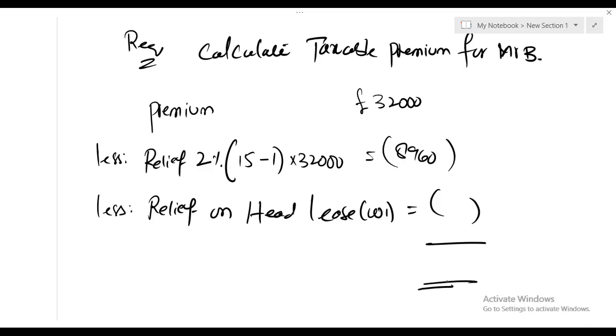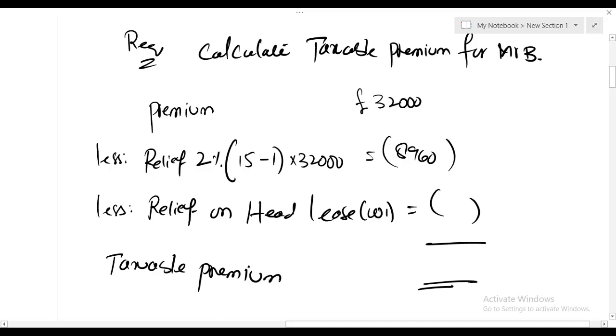The reason is that Mr. B has paid the premium on the same property, and he has also received the premium on the same property. Any individual who pays and receives the premium on the same property will get two reliefs. One is a normal relief, and another is a relief on head lease. After deducting relief on head lease, you will get the taxable premium for Mr. B.